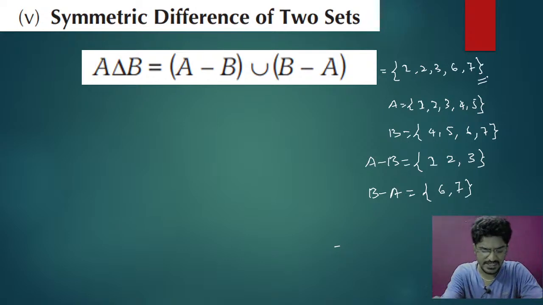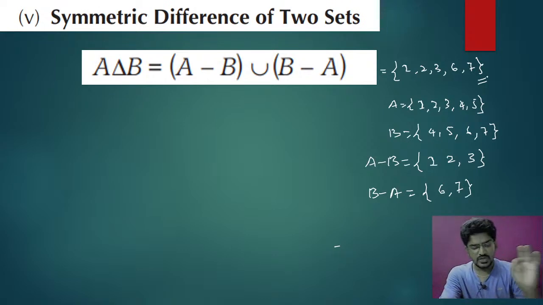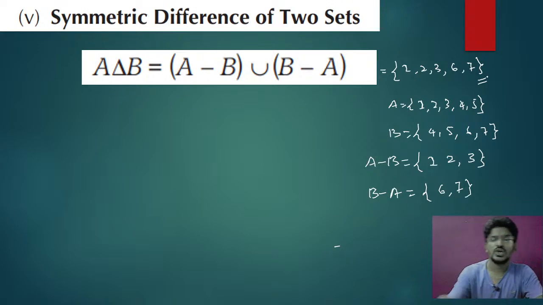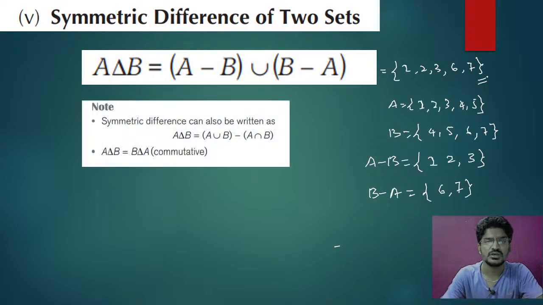So the difference of a set is very much different from the symmetric difference of two sets. Please understand, very big concept, very important concept. Clear? So I think everyone has understood this.